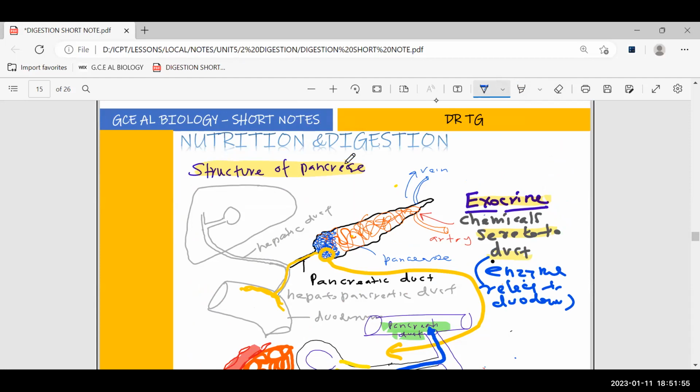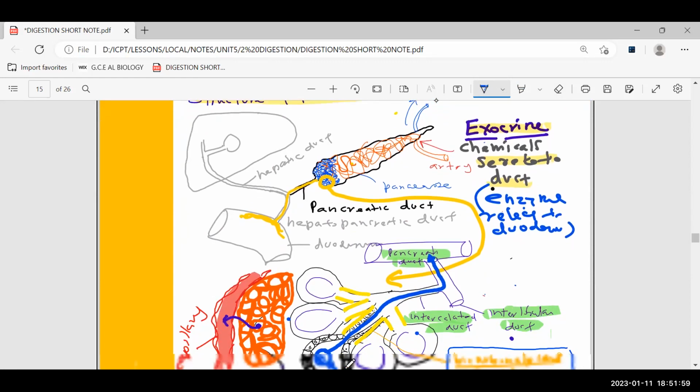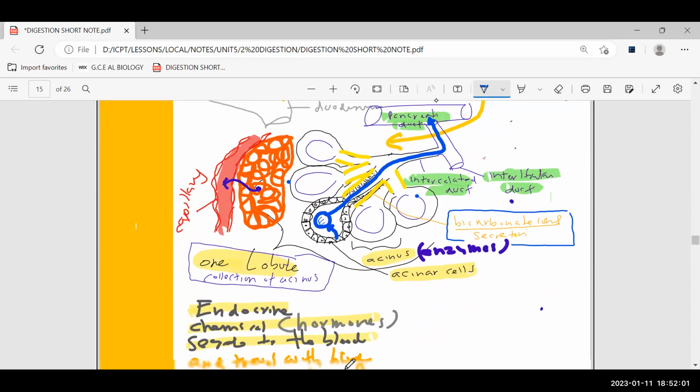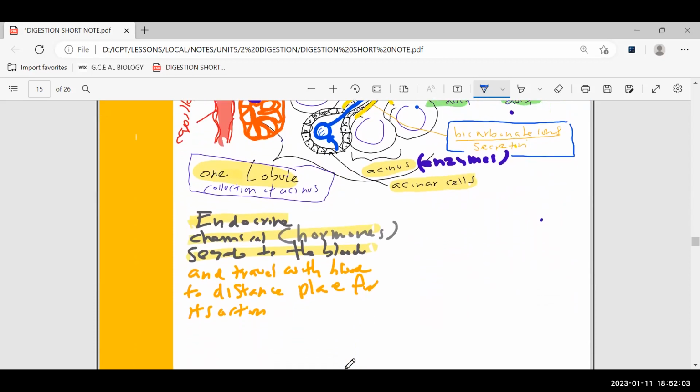Chemicals are secreted to the duct, not to the blood. But for endocrine, very importantly, the key word is blood. So endocrine always secretes into the blood.